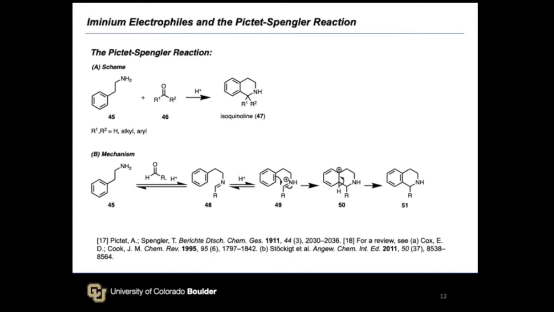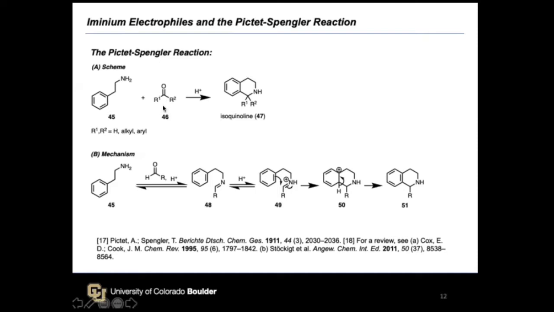So one reaction that uses an iminium electrophile is the Pictet-Spengler reaction. In this reaction, an iminium is formed in situ from either an aldehyde or a ketone, an amine, and protic acid.